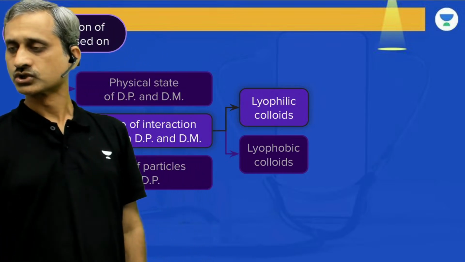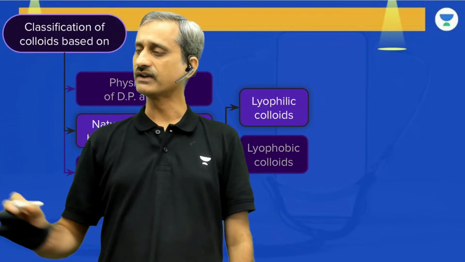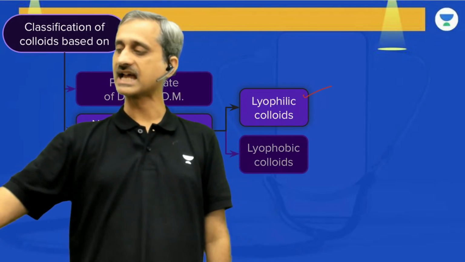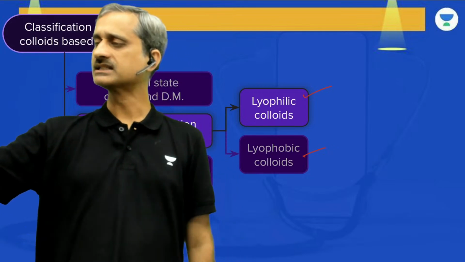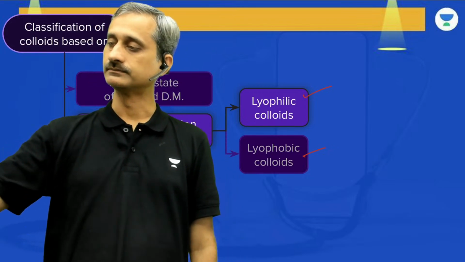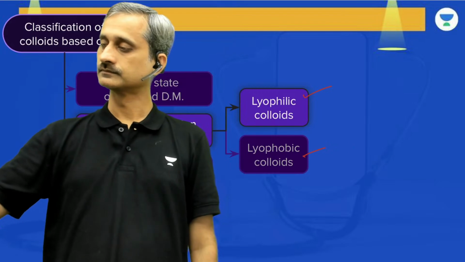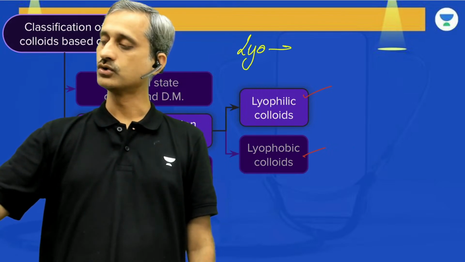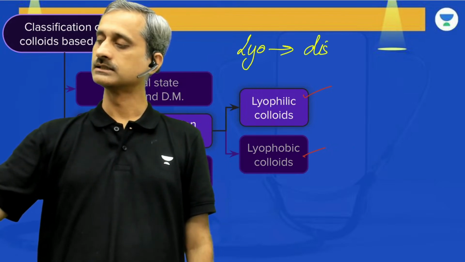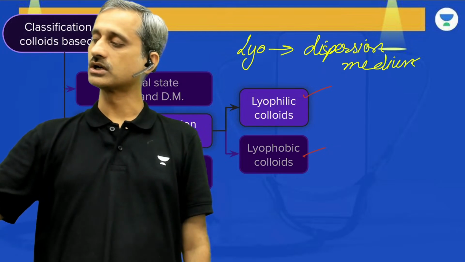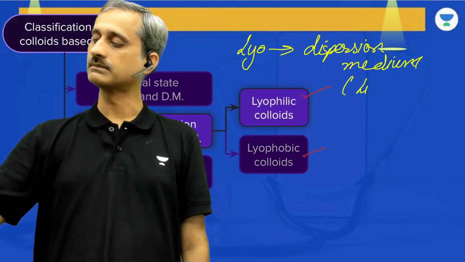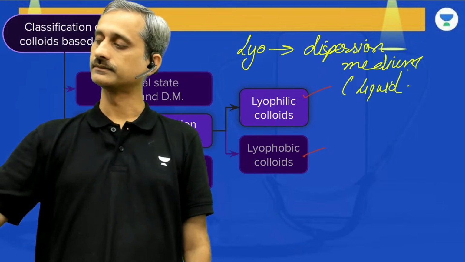Is this clear? So when we talk about the nature of interaction, we have lyophilic colloids and we have lyophobic colloids. Lyo means the dispersion medium, and here we are going to talk about the dispersion medium as the liquid.